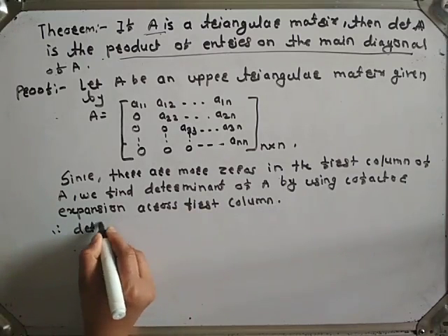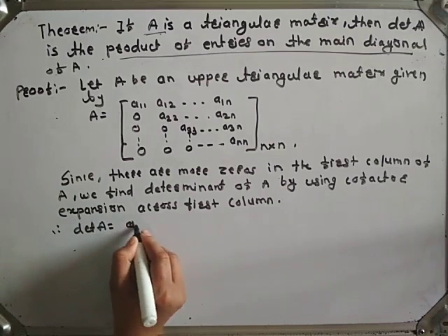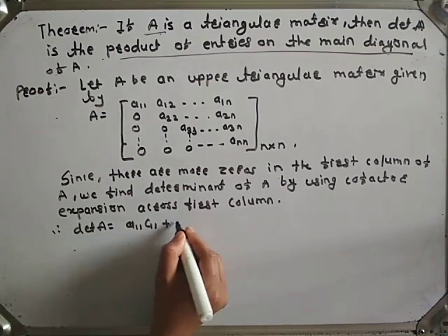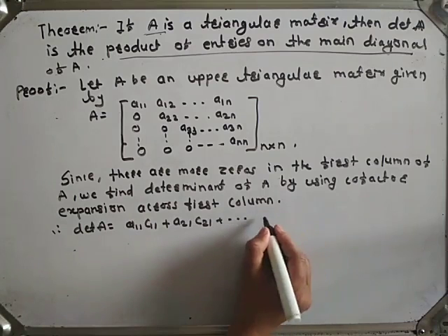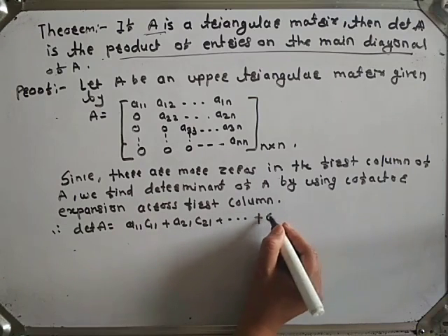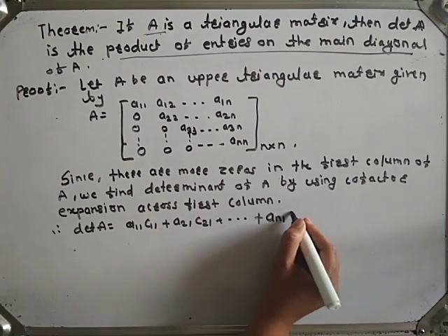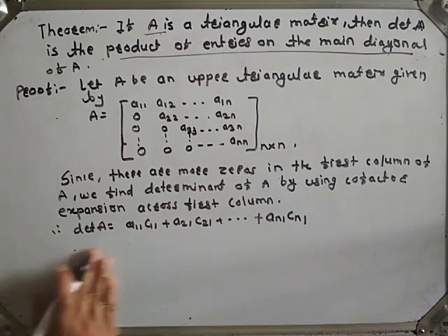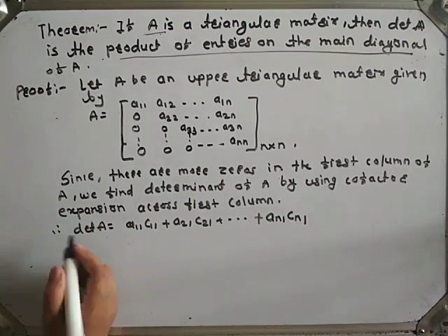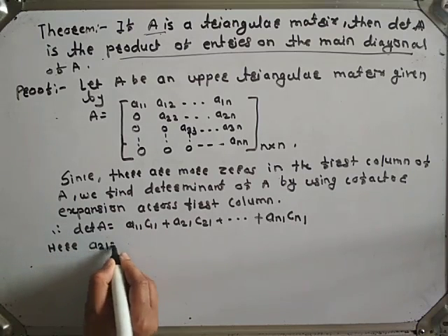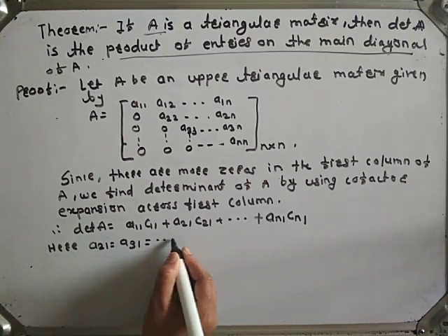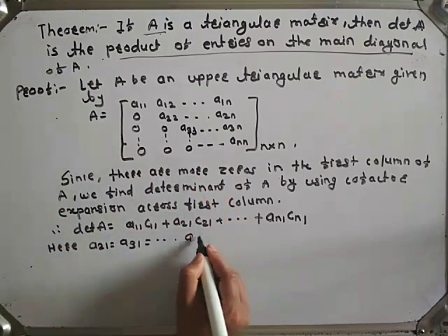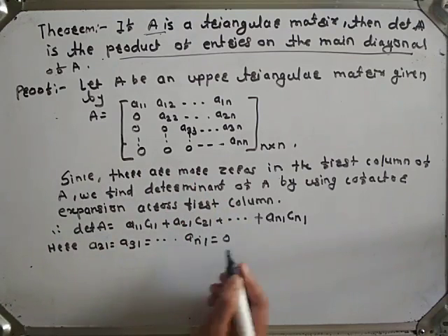Therefore, determinant of A is equal to A11 C11 plus A21 C21 plus and so on up to plus An1 Cn1. Here A21 is equal to A31 is equal to and so on up to An1 is equal to 0.